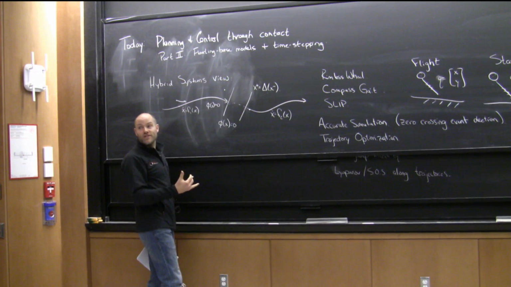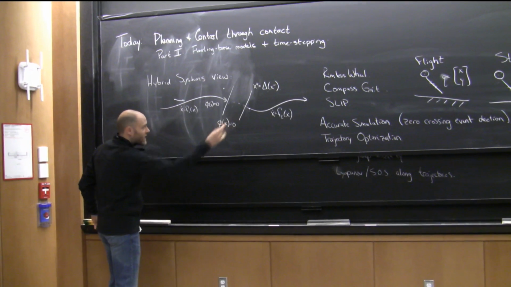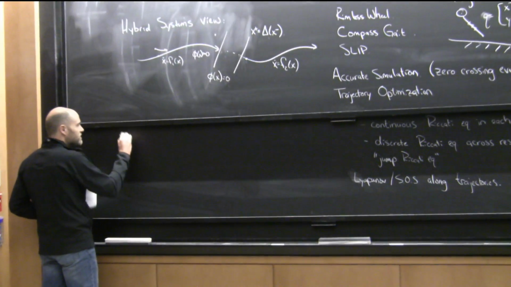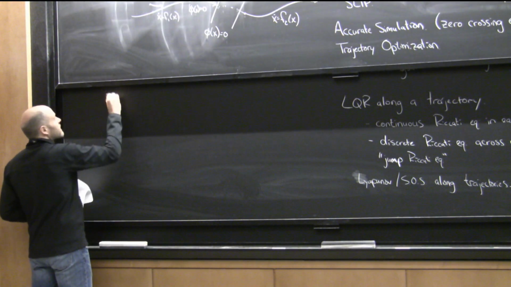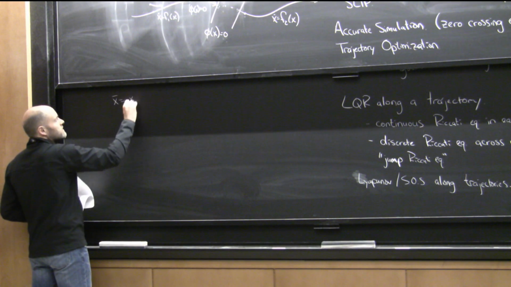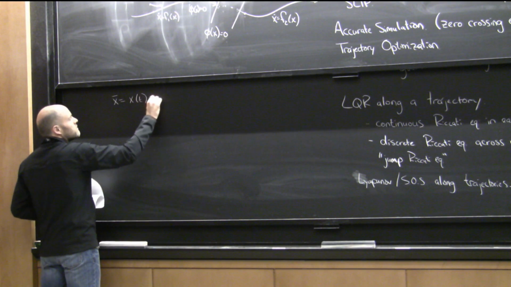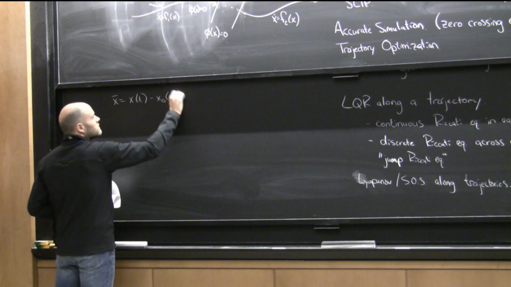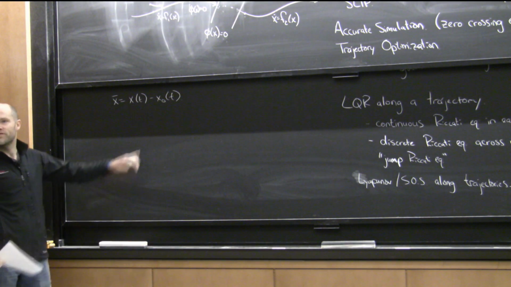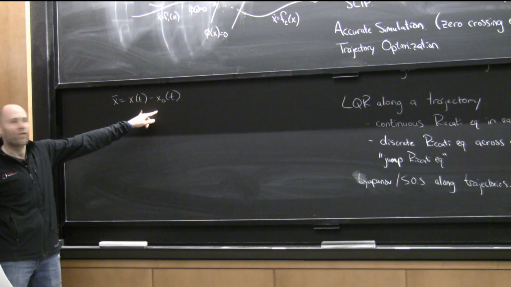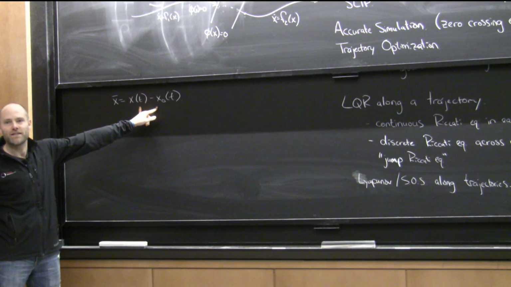What's the distance? If I'm going to try to stabilize, x bar is x of t minus x0 of t. Okay, what if those don't have the same units? Or they don't even have the same dimension, right?